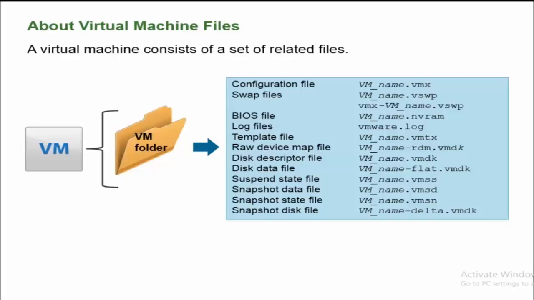Then a log file which contains the current virtual machine log. When you power on and power off a VM, you will see vmware-0 to 6 log files get created, and these basically contain the old log entries. So when you see vmware.log, this will be the current log file for the virtual machine.